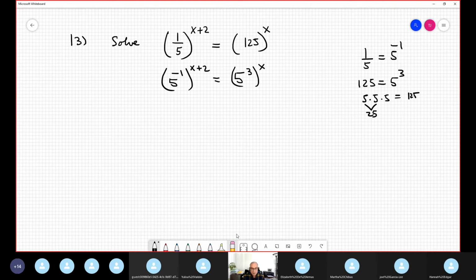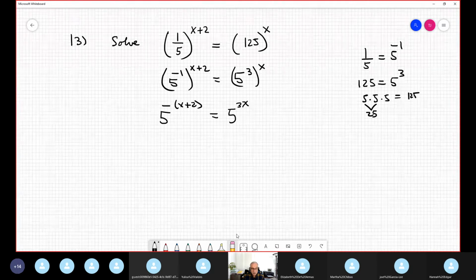raised to x. Now the property for exponents, multiplication. Minus x plus 2. Be careful with the parentheses. This is mandatory because negative 1 multiplies the whole thing inside the exponent. It is equal to 5 times x. In this case, parentheses are not necessary because it's a monomial; if it's a binomial, yes.